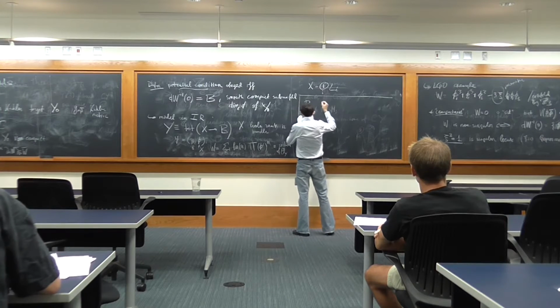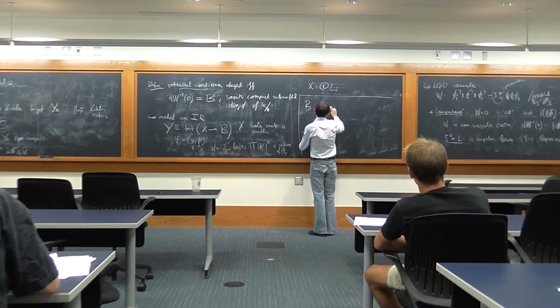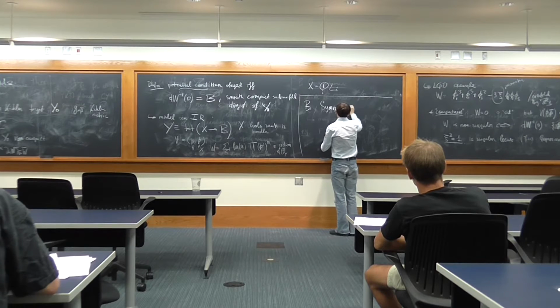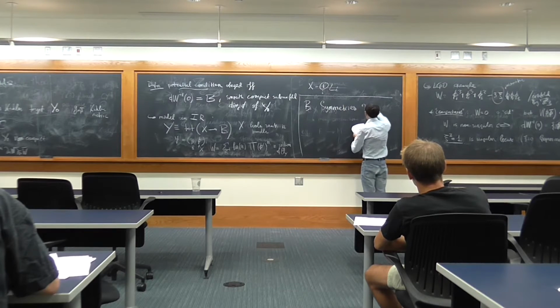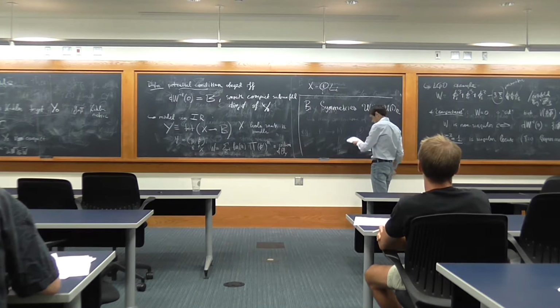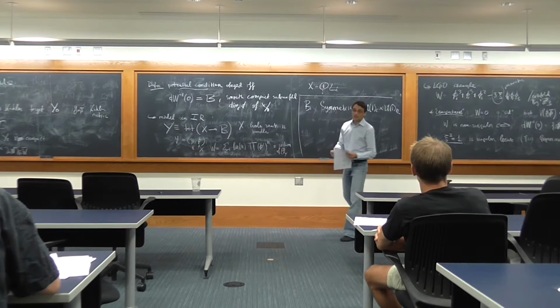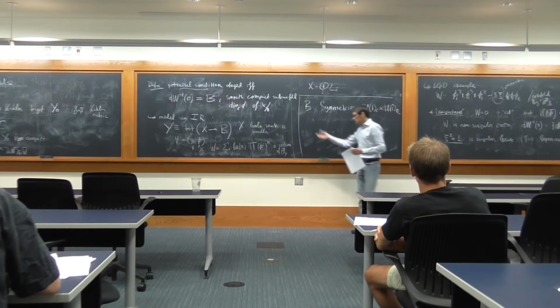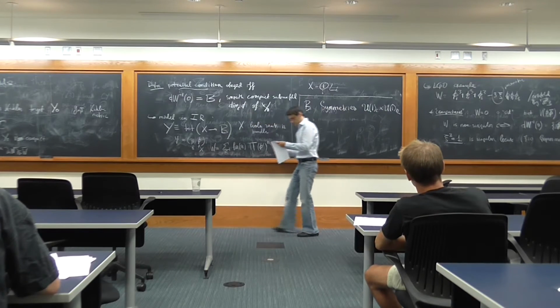Now, just as in the Landau-Ginzburg case, it's crucial that we preserve certain symmetries, in particular these U1 left times U1 right symmetries, in order to be able to say something about the infrared physics based on this geometry.